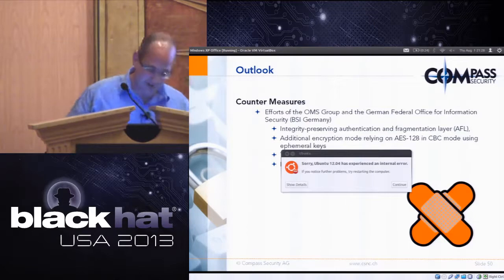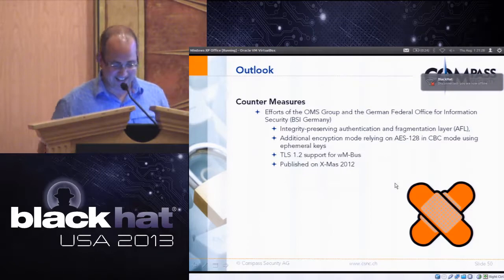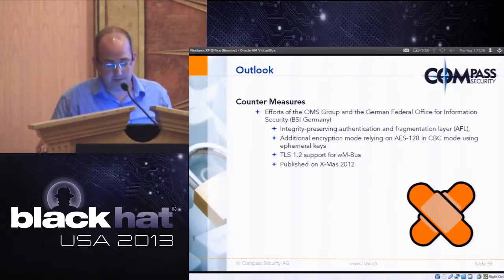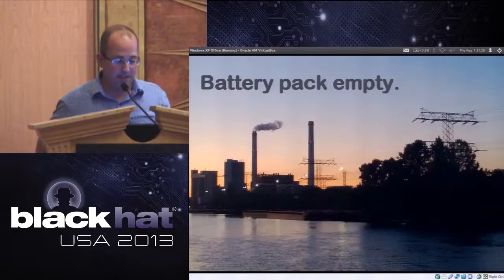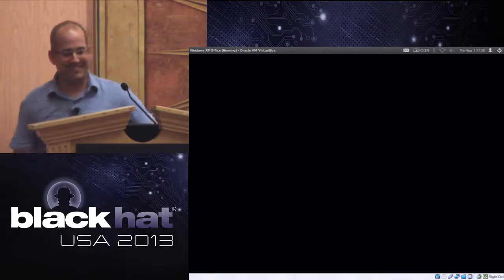They also propose implementing TLS 1.2 on the protocol, but for me it seems it's maybe hard to implement TLS for a heat meter, for example. We'll see how it develops. There's actually no public analysis so far, but they look pretty robust. Yeah, my battery pack is empty. Thank you very much.